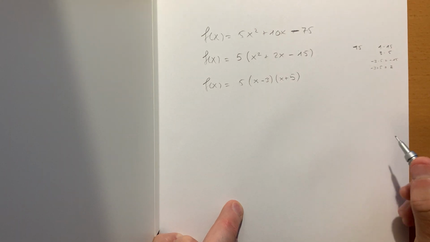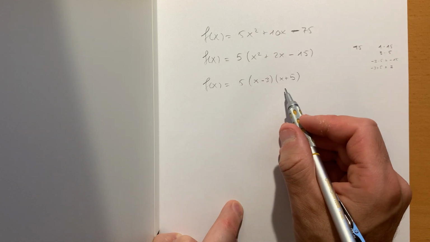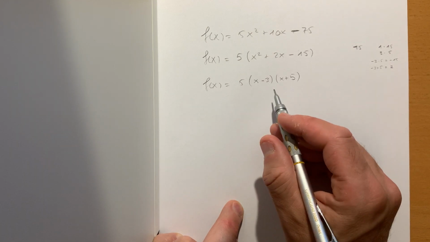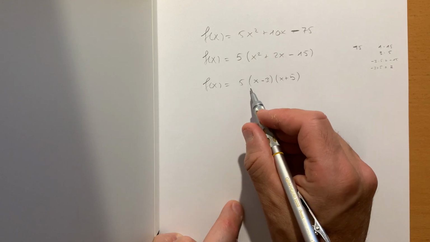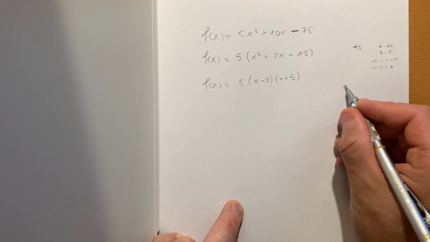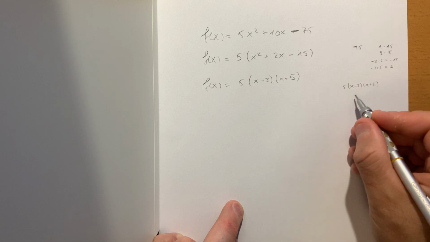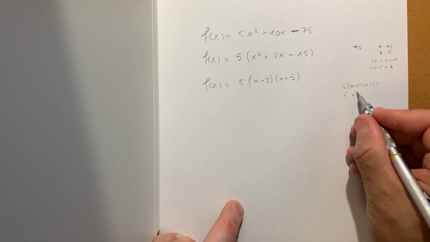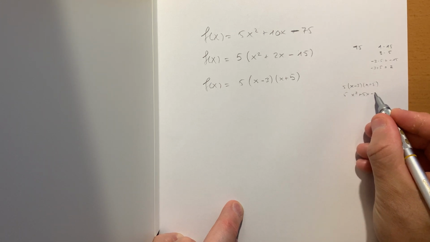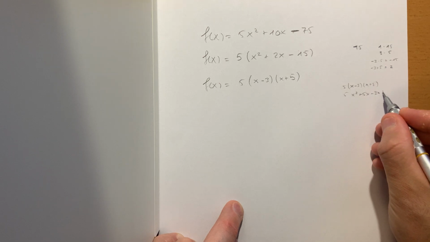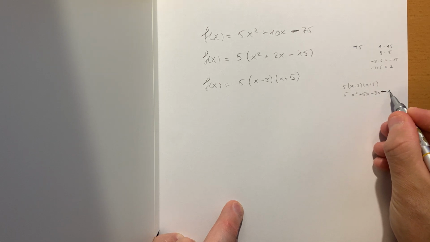It's a self-correcting exercise because you could work it out if you wanted to. 5 times x minus 3, x plus 5 would be 5 times x squared plus 5x minus 3x minus 15.